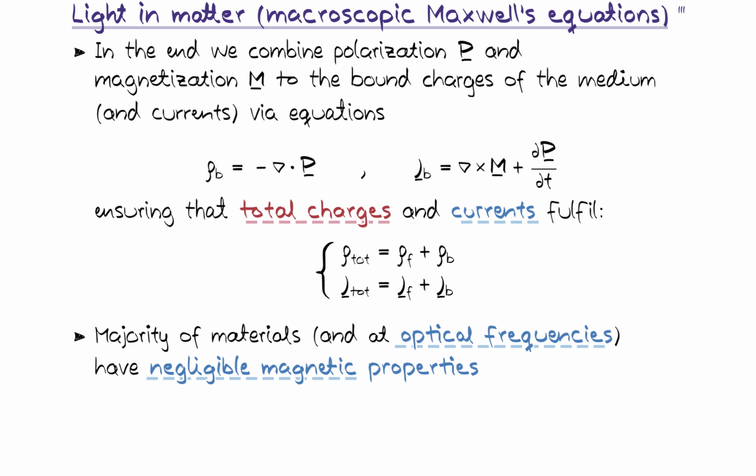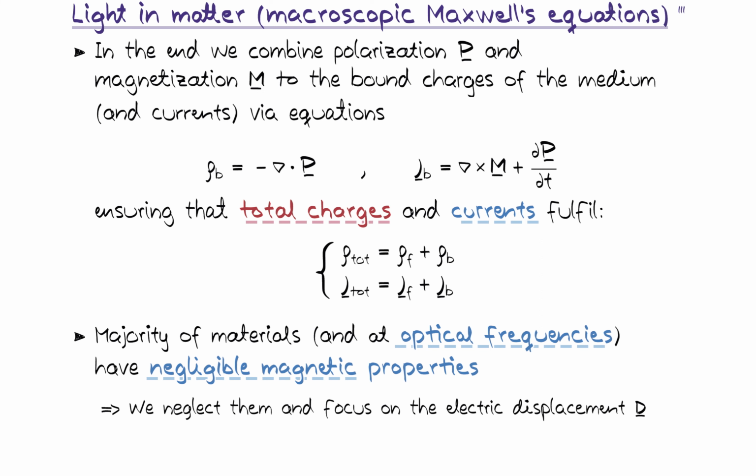So that means that we really do not need to consider magnetization and the magnetic properties of the material, and instead we can really focus on the electric displacement D and the material polarization P. We do not need to worry about the magnetizing field H and the magnetization M fields as much. And this is a pretty good assumption and an approach to make, and we will do it in our course.